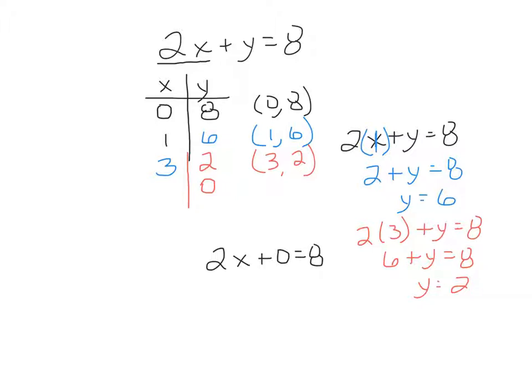So here I have 2x plus 0 is equal to 8. Solving that, I'm just going to have 2x is equal to 8, and then dividing both sides by 2, I get an answer of x is equal to 4. So another ordered pair that would work would be the ordered pair 4, 0.